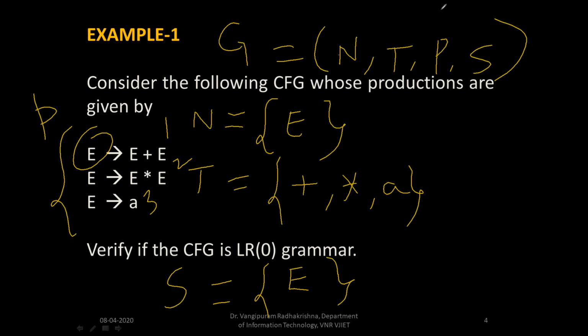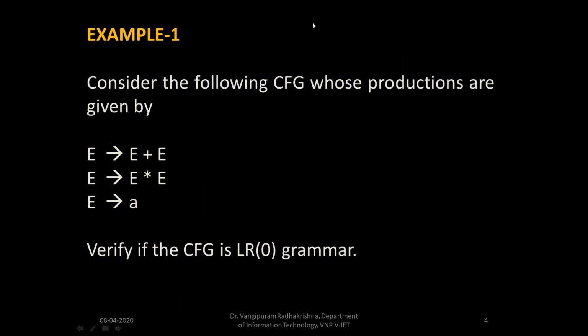Now having identified the elements of this grammar, that is N, T, P, S, we shall look into applying the procedure discussed in the previous slides with respect to Theorem 2 to verify if the given grammar is LR(0) or not.